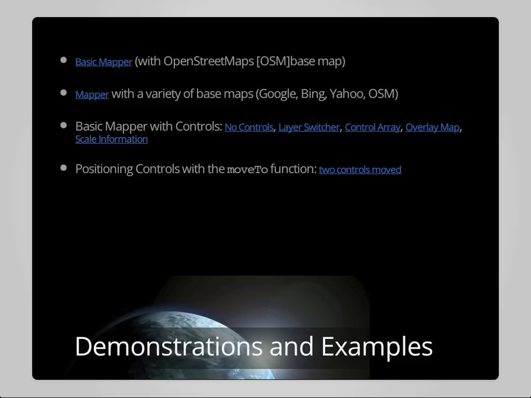Finally, you actually have some options as to how the controls are positioned within the map client. There are two approaches you can use. There's a fairly straightforward approach using the moveTo function that can be applied to any control object that you've created.